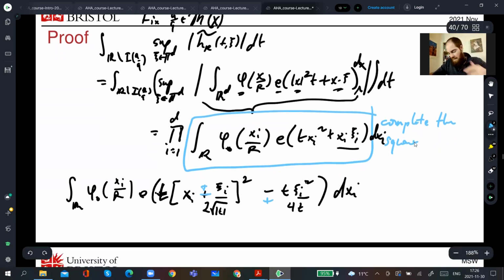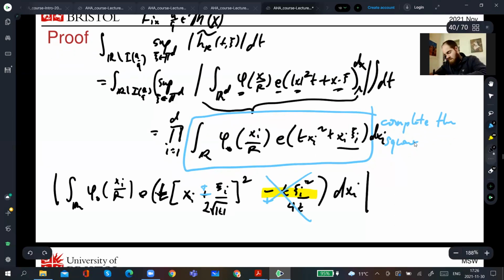The point being now that when I take the absolute value, this term, which does not depend on x, disappears by the absolute value.